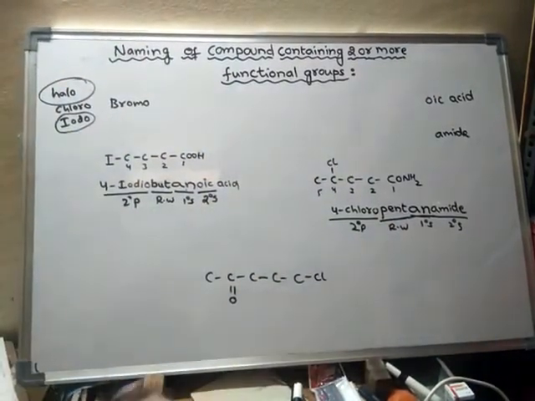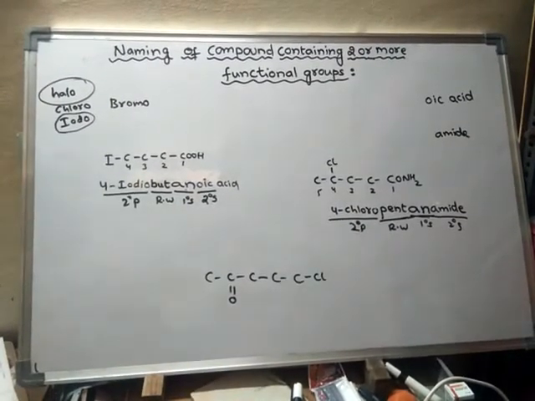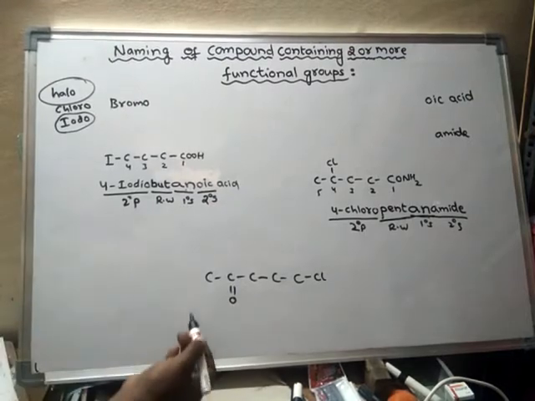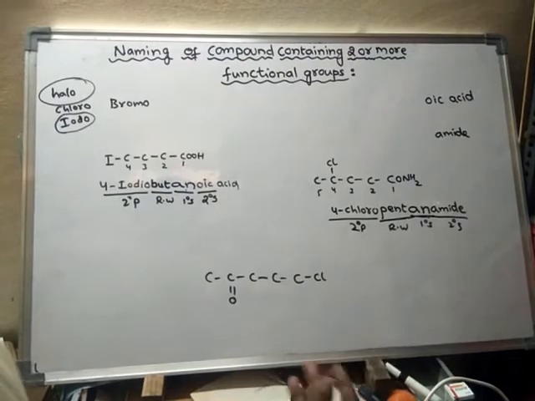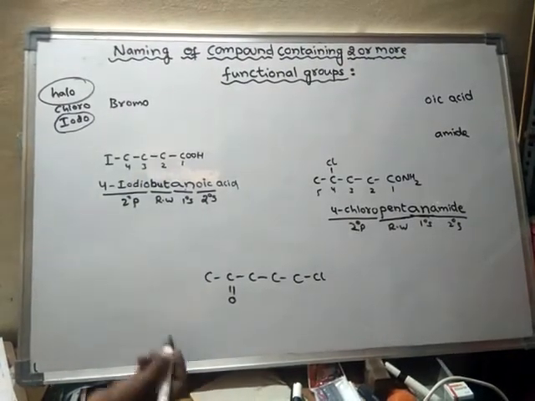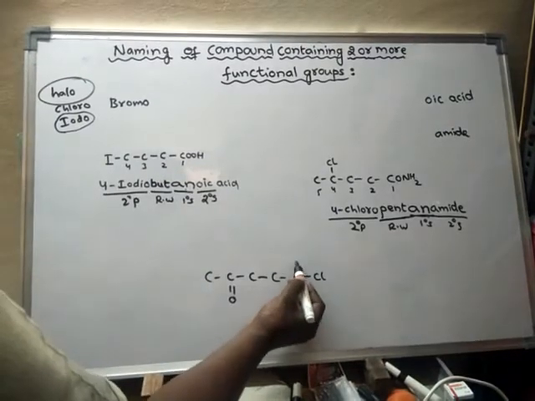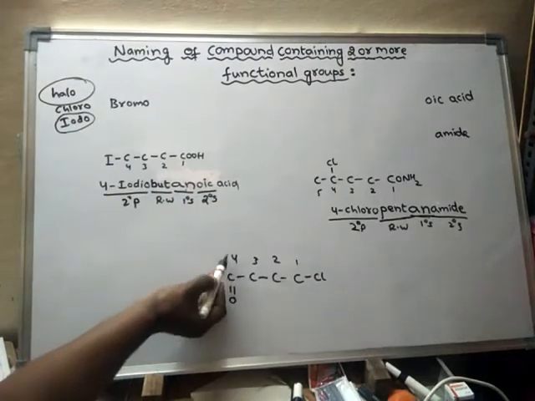So what is the name of this compound? This is not a chain terminating functional group. But remember that if there is a functional group, that functional group should get the lowest possible number. If I give numbering from this direction 1, 2, 3, 4, this carbon gets 4.